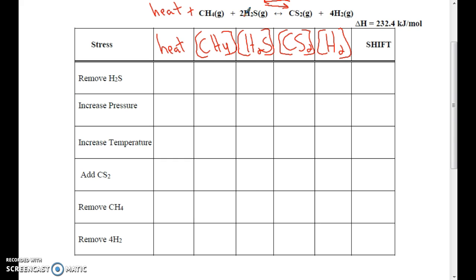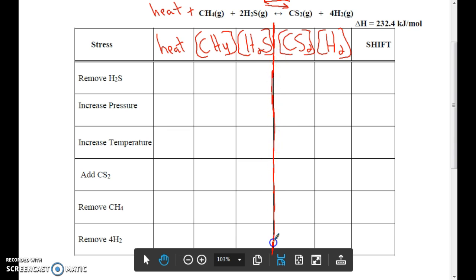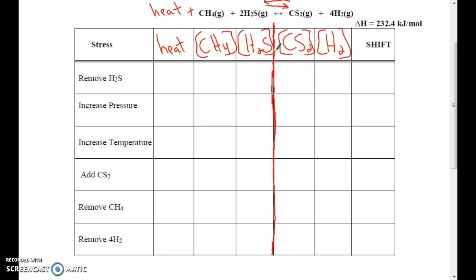The way I have this set up, I'm going to put a line here to designate between the reactants and products, because that will make it a little easier. The first disturbance we're going to look at says remove H2S. So the concentration of H2S is going to go down because you took some of that away. The system is going to have a tendency to reform some of that H2S that it lost.